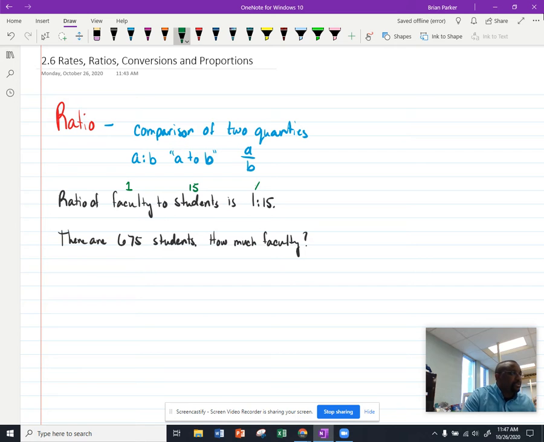One way you can solve a problem like this is with something called a proportion. Those are when you're talking about two equivalent ratios.